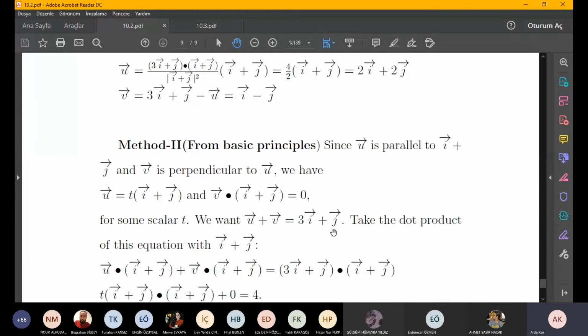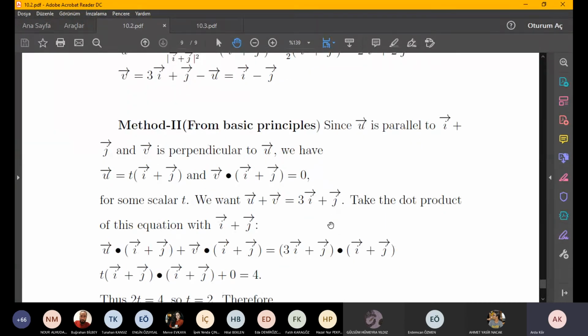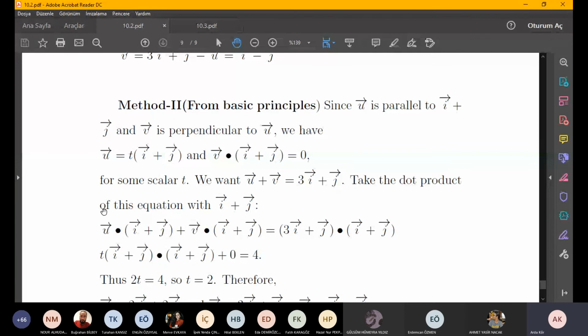You try to write 3i plus j as a sum of u and v. So let's take the dot product of this equation with i plus j.